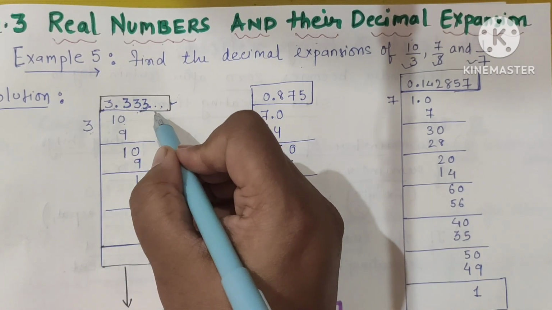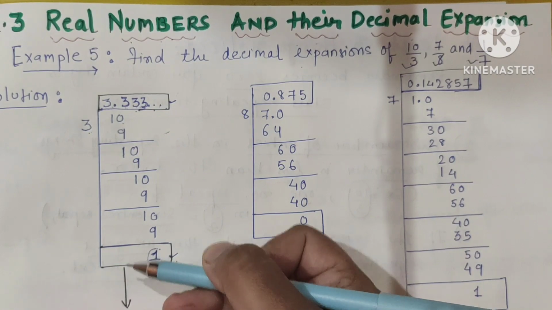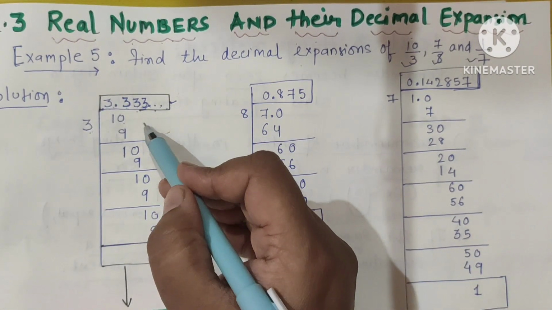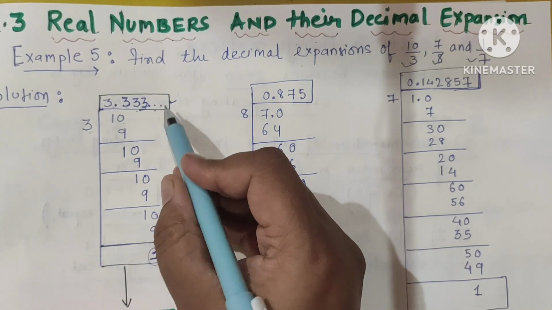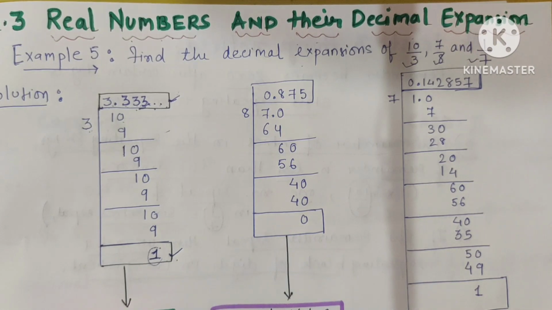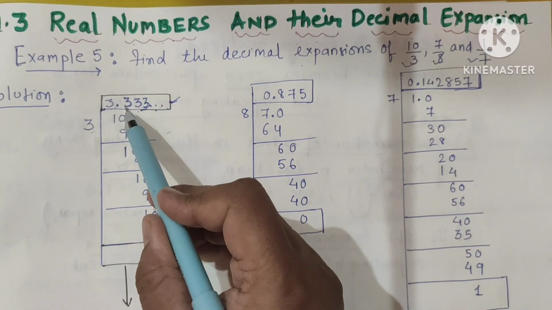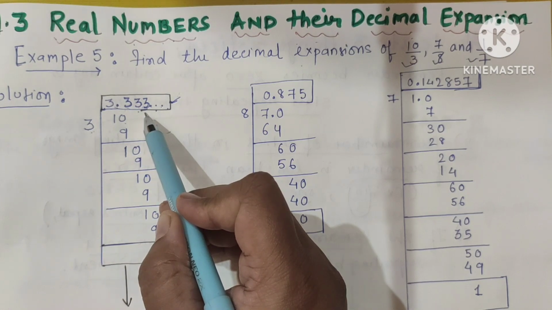Now in further also, if you are going to divide, you will get 3 only. You have to take special attention towards the quotient and the remainder and the digits after the decimal, okay.